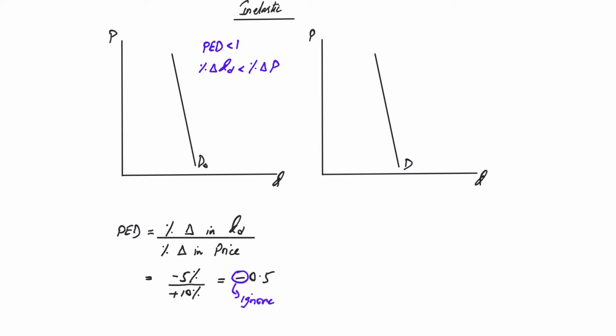So let's say this is the price and this is the quantity. Let's assume the price was like 10 and the quantity was say 100.